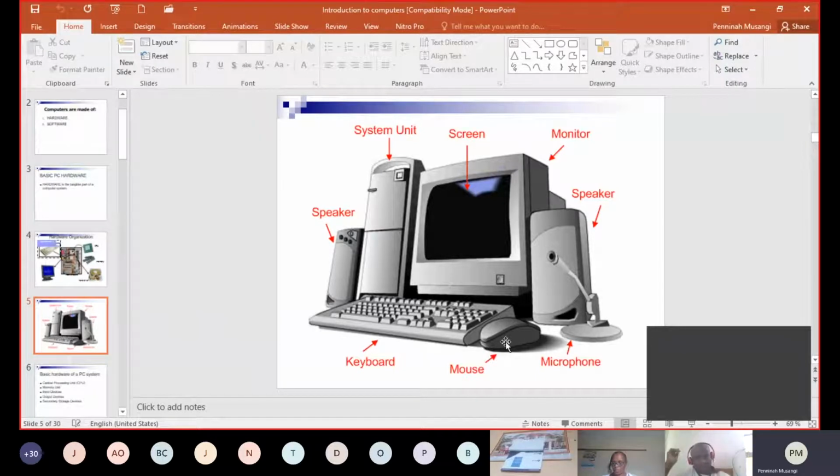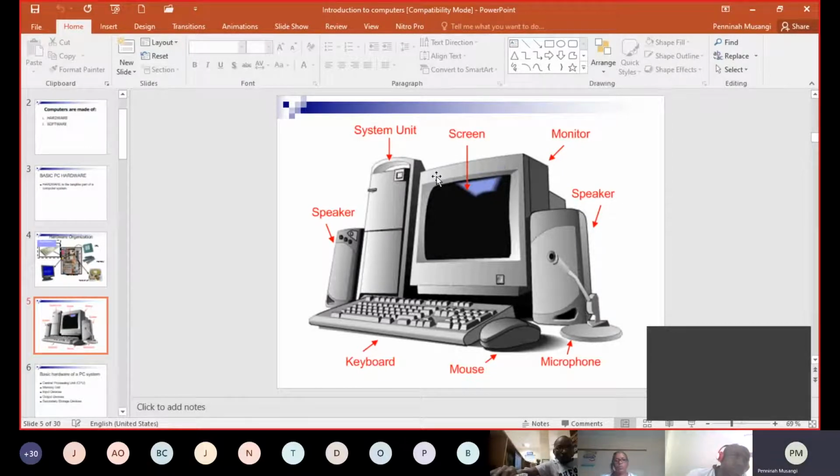When you click, you are instructing the computer to open that or to do whatever you want to do. So you are doing that through a mouse. So it's also an input device. So this is a diagrammatic representation of the hardware bit of a computer.